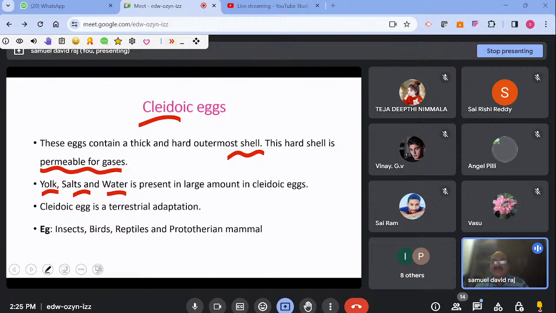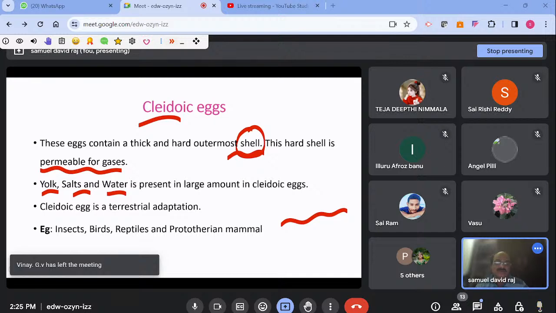And this cladoic egg, why is the shell present? When a bird lays eggs, it lays on the land. If it is not covered by a shell, it is prone to the scorching heat and the development may be impaired. If a shell is present, the embryonic development is not affected by the external temperature.